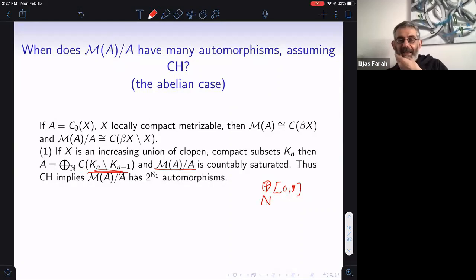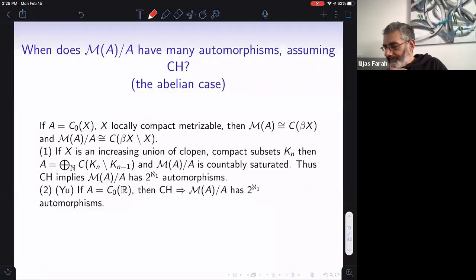So basically, the interesting case really is what if X is connected?